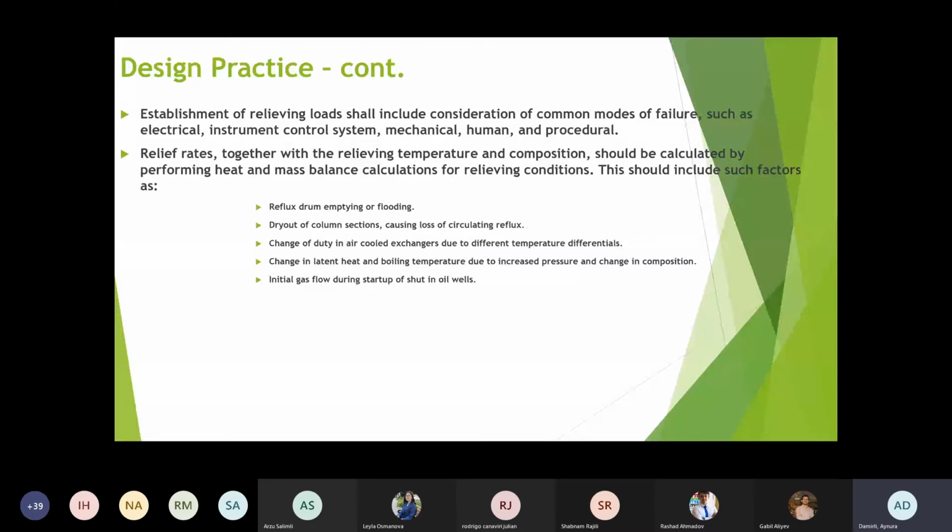Factors are below: reflux, drum emptying or flooding, dry out of column sections causing loss of circulatory reflux, change of duty in air-cooled exchangers due to different temperature differentials, change in latent heat and boiling temperature due to increased pressure, and change in composition. And the last one is initial gas flow during startup of shut-in oil wells.